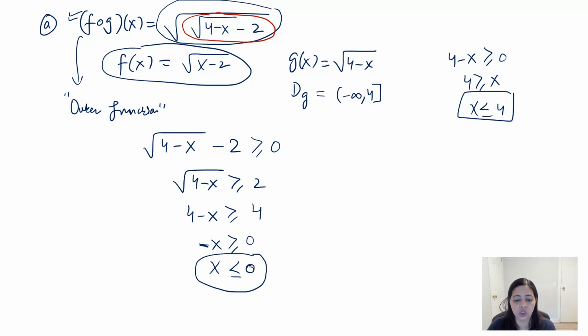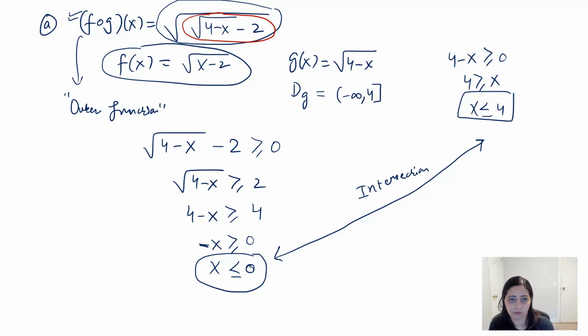Now this has to be intersected with the domain of g. This is the process: first you find the domain of g, then you find the domain of the outer function f of g, and then take the intersection. What's the intersection of both of these? This in terms of an interval is negative infinity to 0.